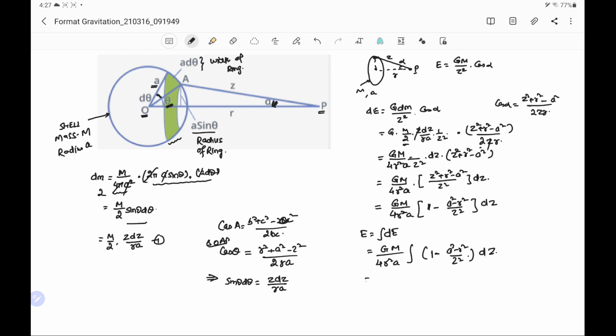This on integration gives G m by 4 r square a into z, where a square minus r square is a constant and will be taken out, and the integration of 1 by z square is minus 1 by z. So we can say it is G m by 4 r square a into z plus a square minus r square by z.